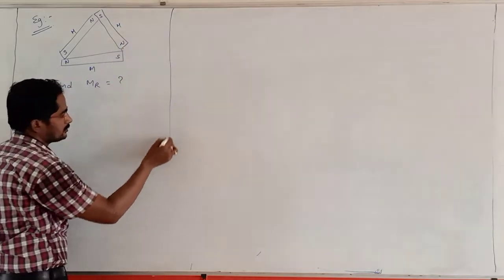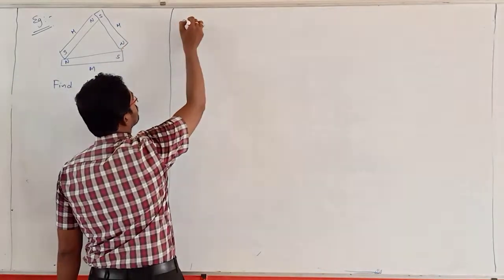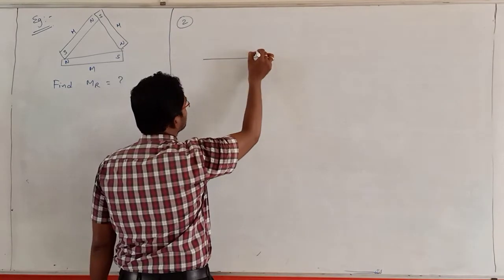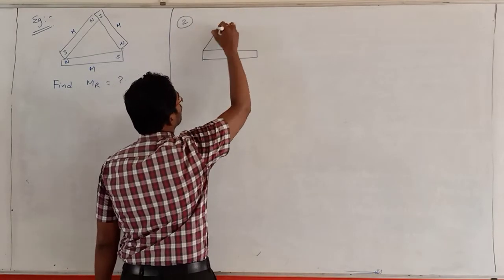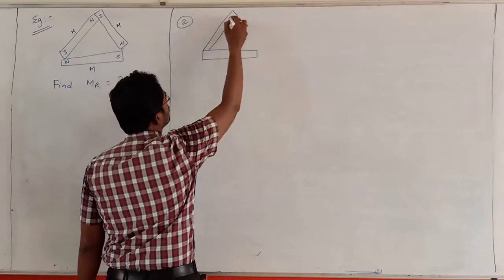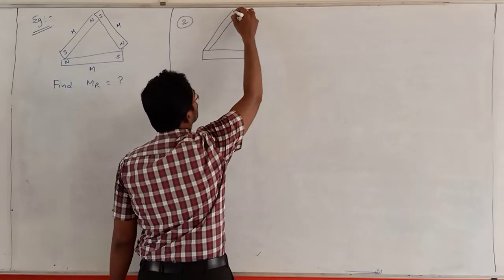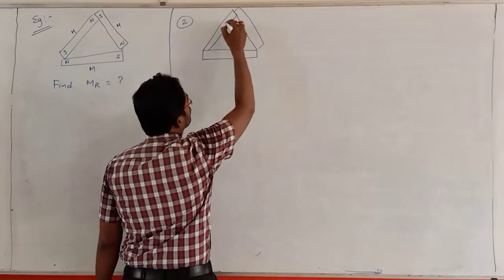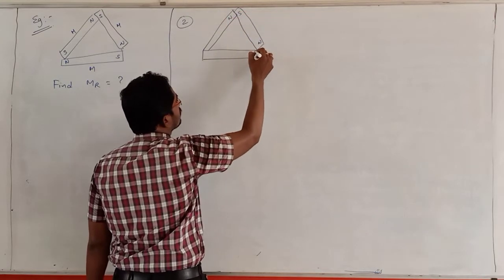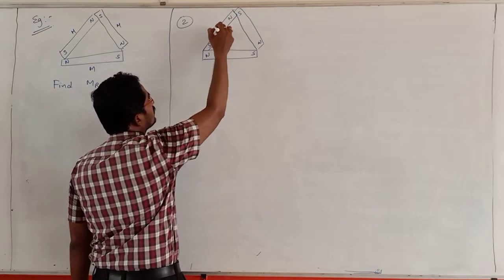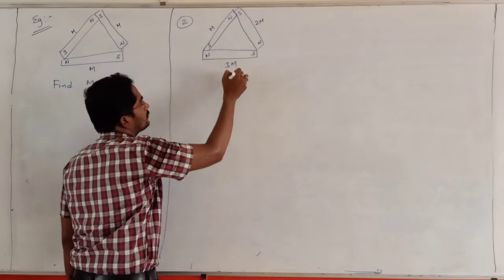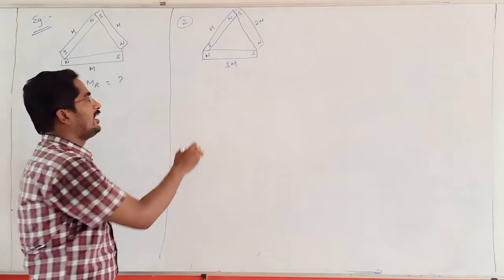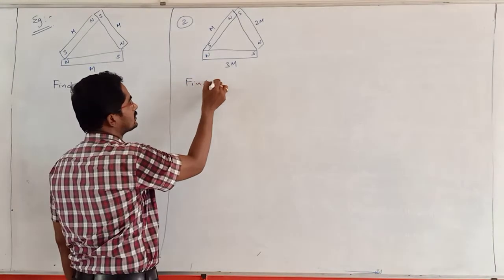Second problem: similarly, there are three bar magnets arranged in an equilateral triangle, but moments are 2M, 3M. Find the resultant magnetic moment.